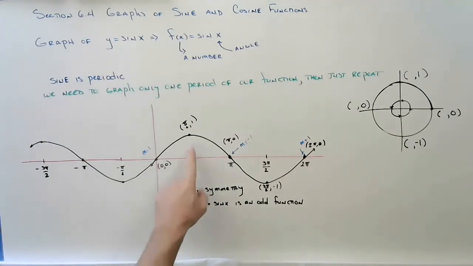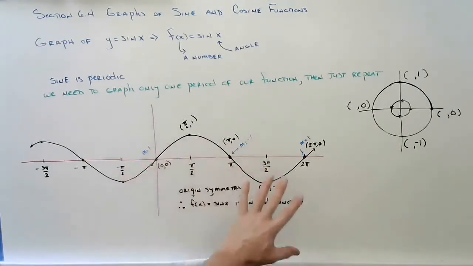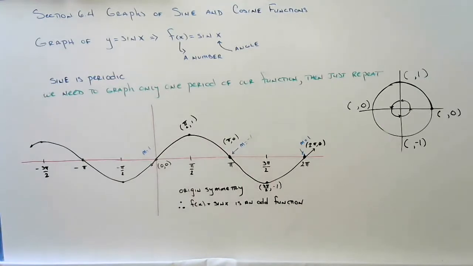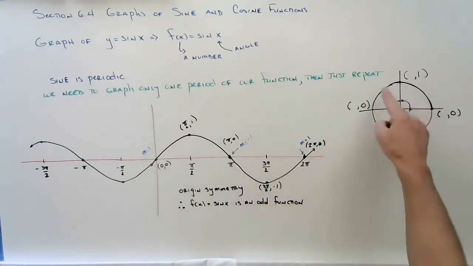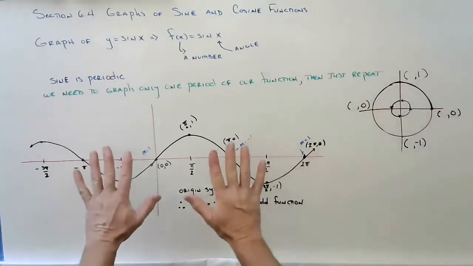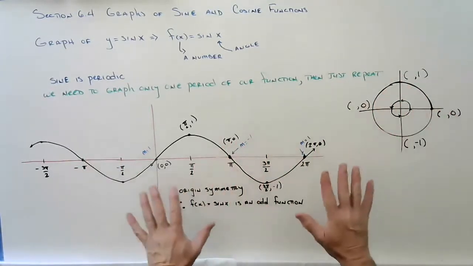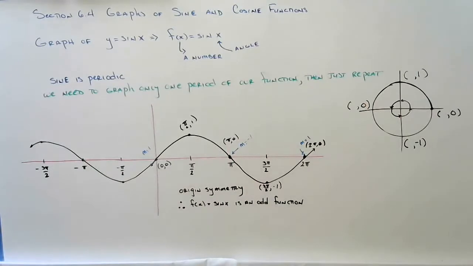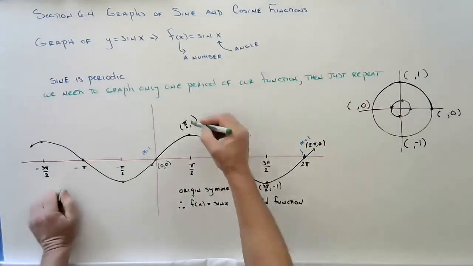These are not semicircles. We'll learn some interesting things about this curve when we get to a calculus class, but this is not a semicircle. Don't make a semicircle. I understand that's a semicircle, but that's the unit circle. This is the graph of sine. They're related, and we can all see that right here.